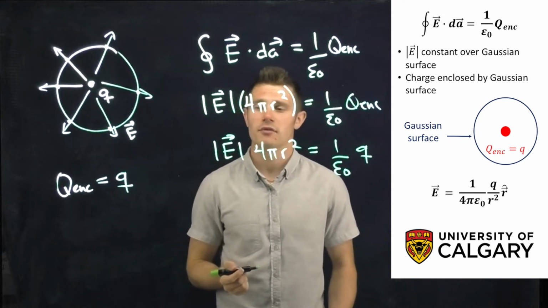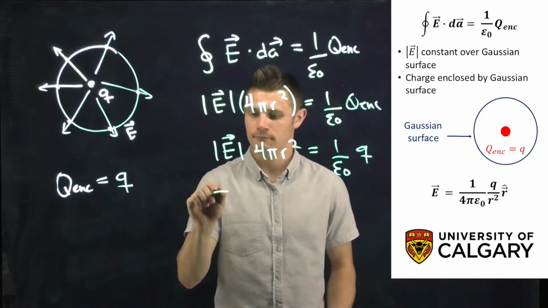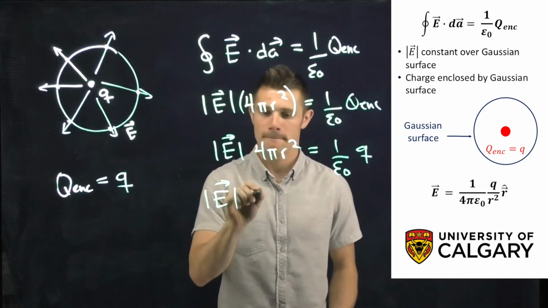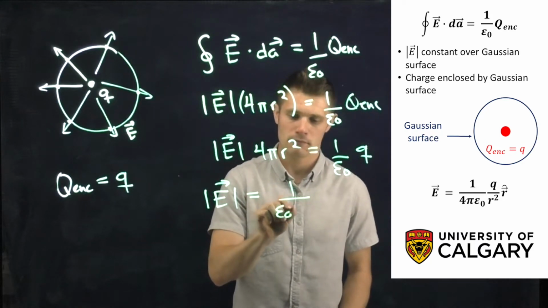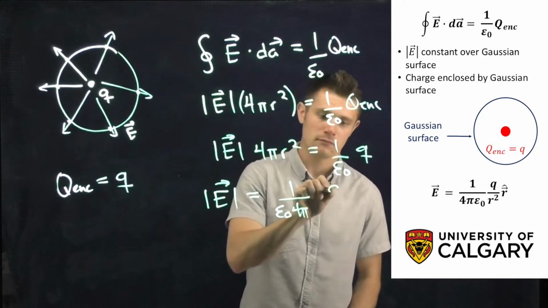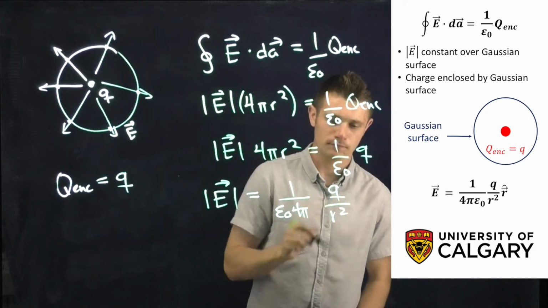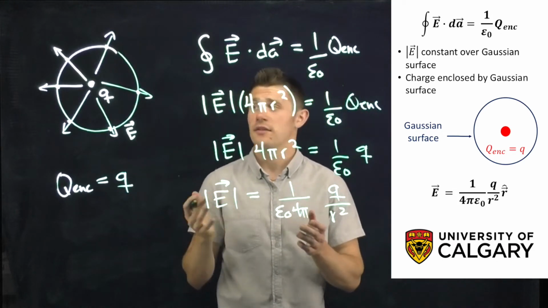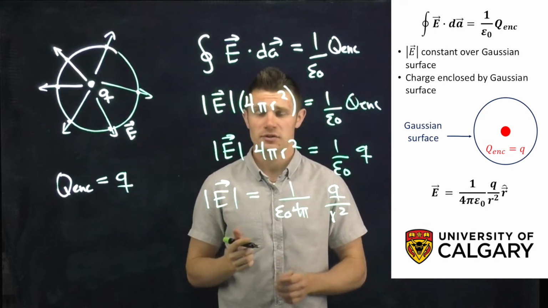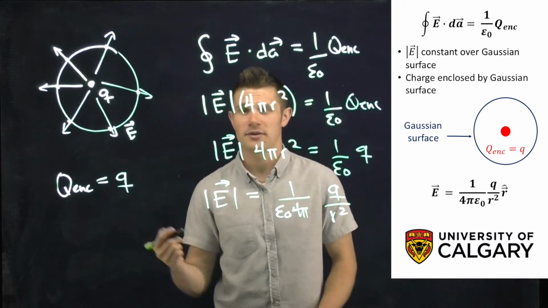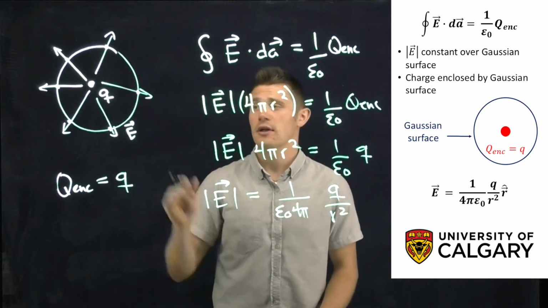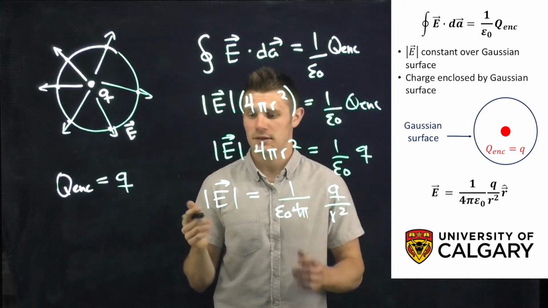And now we simply have to solve for the electric field. And we remember that the electric field is radial in all directions, so we can go from the magnitude back to the vector simply by remembering that one idea.